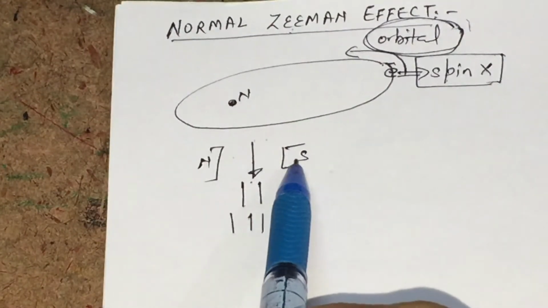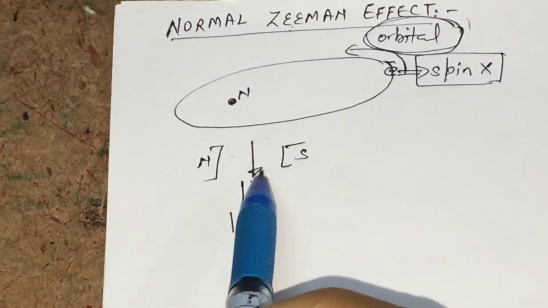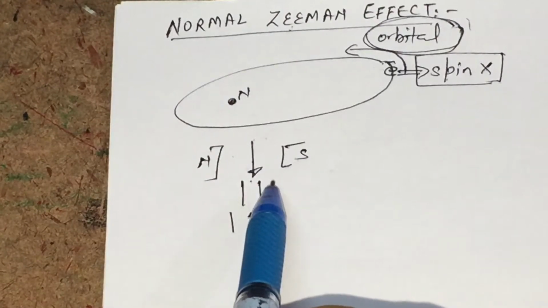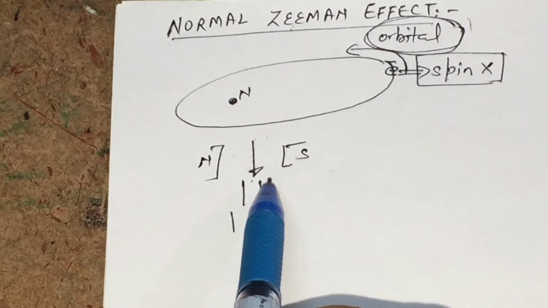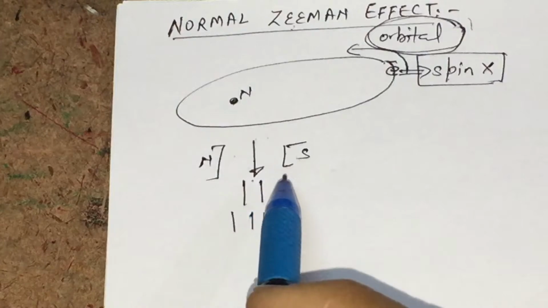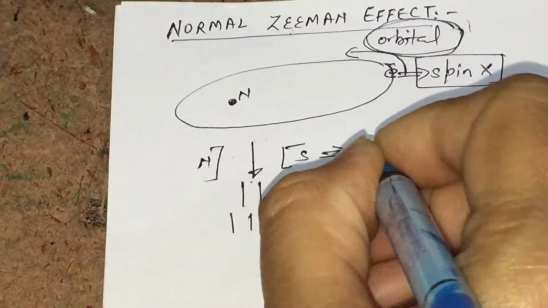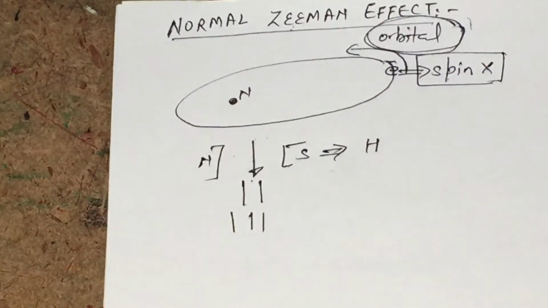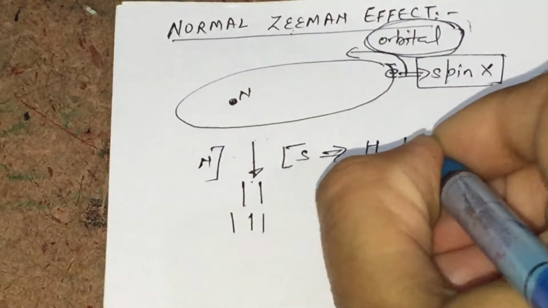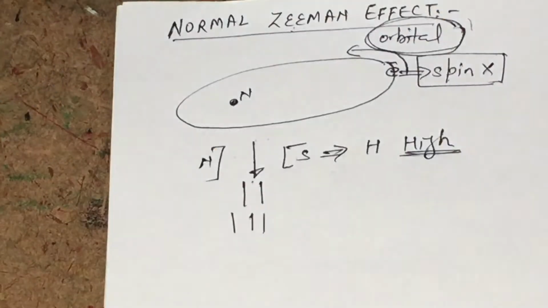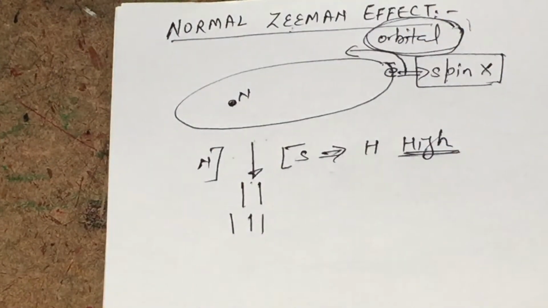It is of three types. One is known as the normal Zeeman effect, another is the anomalous Zeeman effect, and the third one is the Paschen-Back effect. In the case of the normal Zeeman effect, the applied magnetic field strength is very high. We are considering that a high magnetic field is applied.